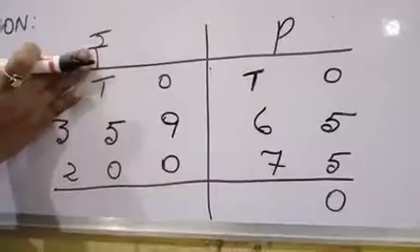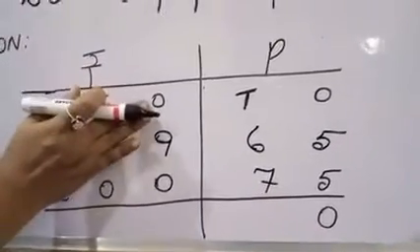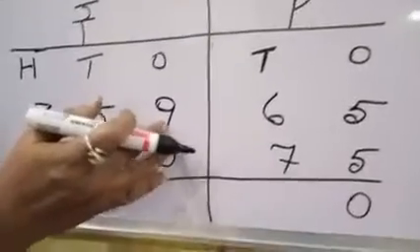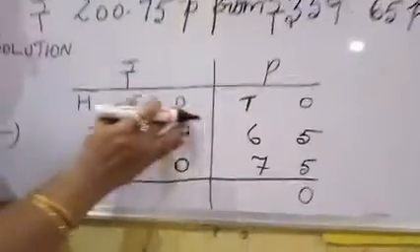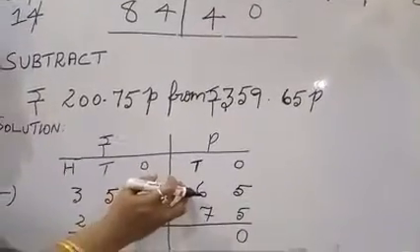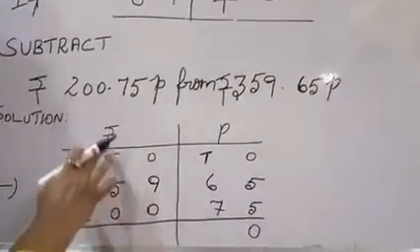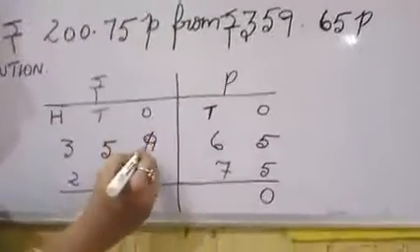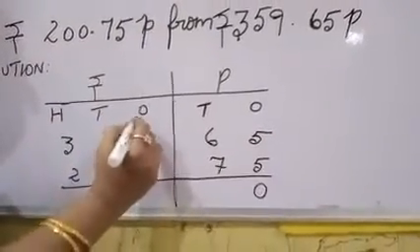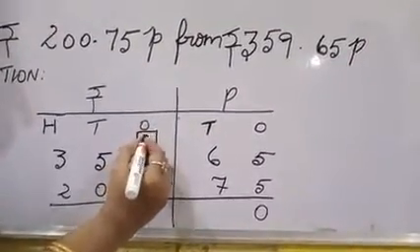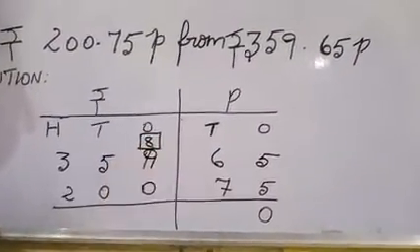So you come to the rupees. There, in the ones place you have 9. That 9 gives 1/10 to the paise column. So what comes here? Yes, 1 rupee is equal to 100 paise, you know. So here we get 1. Remaining 8.